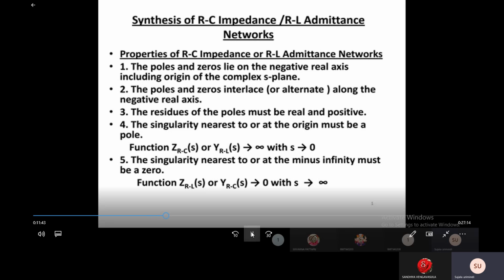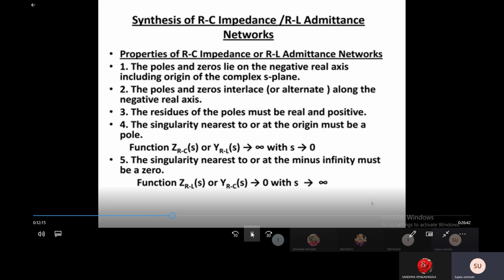So what are the properties in this? The poles and zeros lie on the negative real axis, including the origin, with one pole and one zero alternating. The residues of the poles must be real and positive. The singularity nearest to the origin, the first point, will be only a pole, and then zero, pole and then zero, like that.